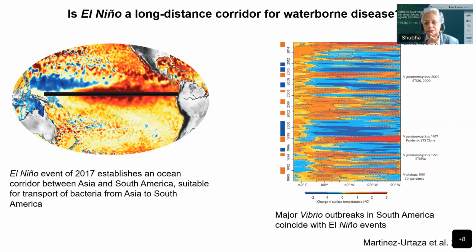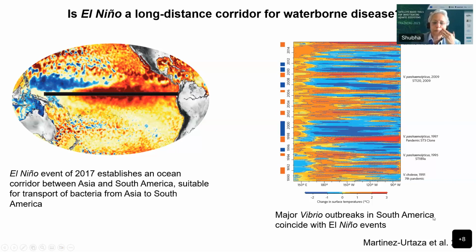In this paper by Martinez, Urtaza, and colleagues, they studied the impact of El Nino on outbreaks of Vibrio-related diseases, and they were able to show a strong relation between El Nino events and outbreaks of Vibrio-related diseases in, I think this was in South America.